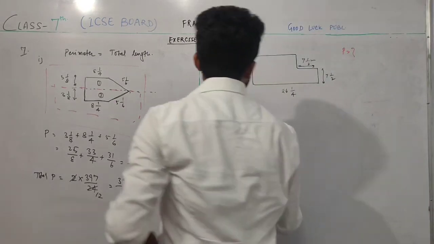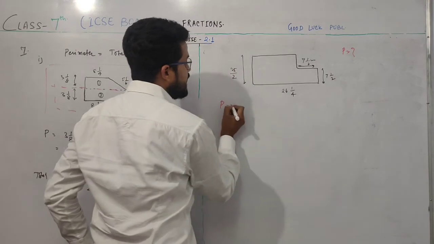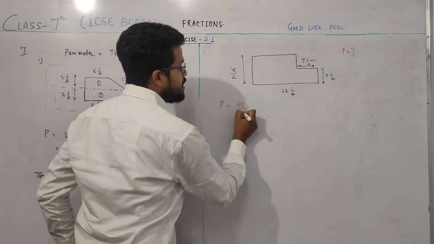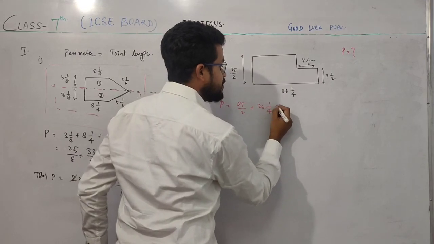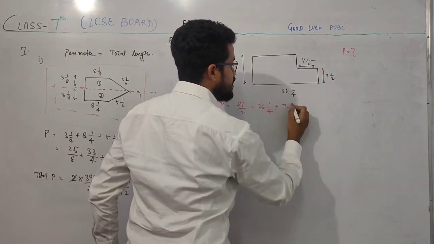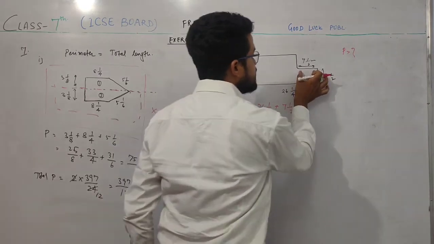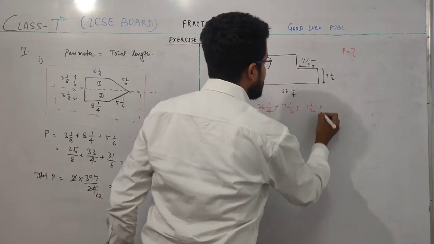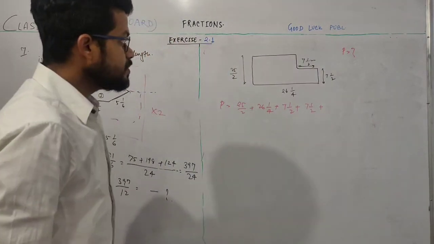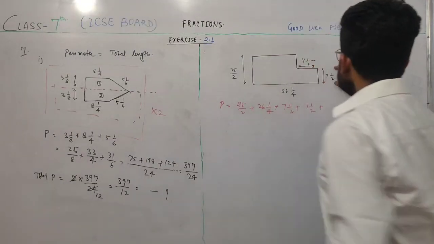Perimeter is simply the total length. So I write here 25/2, this is 26 1/4, now this is 7 1/2 plus this one is 7 1/2 again.